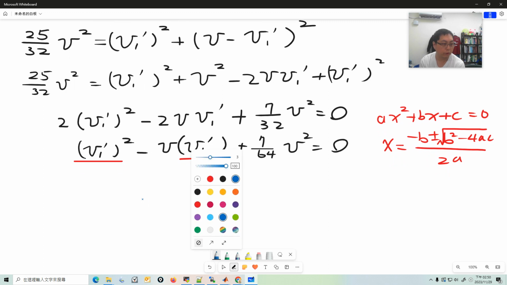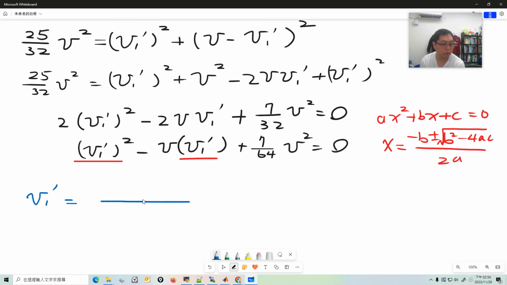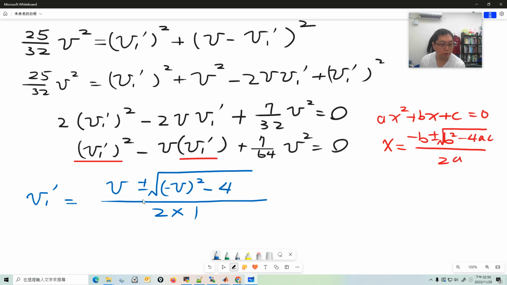v1 prime is equal to, over 2 times 1, v plus or minus the square root of v squared minus 4 times 1 times 7/64 v squared. Or, 2 times a, minus b plus or minus the square root of b squared minus 4ac.